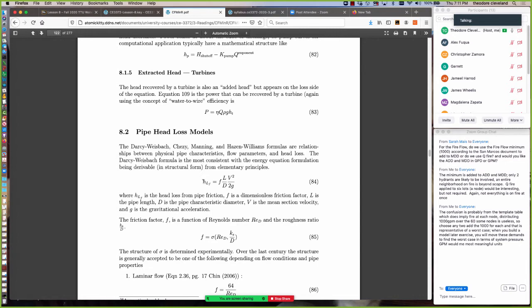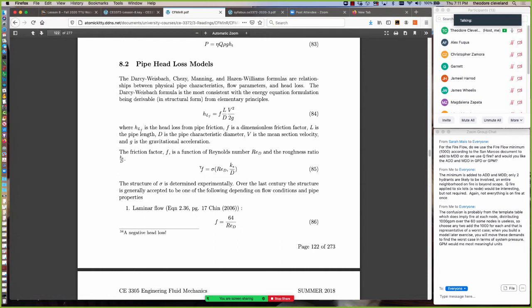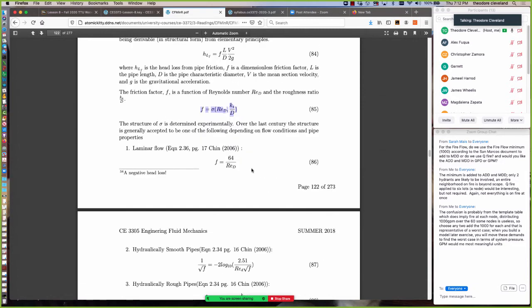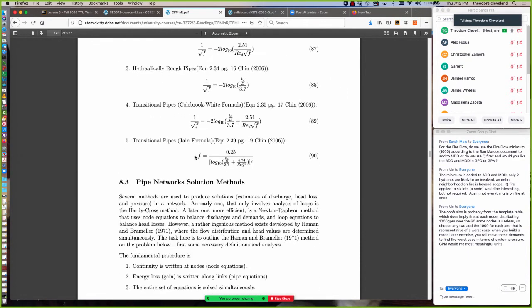So that's the Darcy-Weisbach equation. We need some way of obtaining the friction factor. We know the friction factor is a function of Reynolds number and roughness ratio. We may not know the structure of that function. There are quite a few equations, and the one we're going to use is the Jain equation, which provides the friction factor as a function of roughness height, Reynolds number, and some constants.